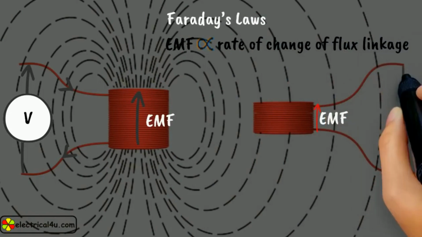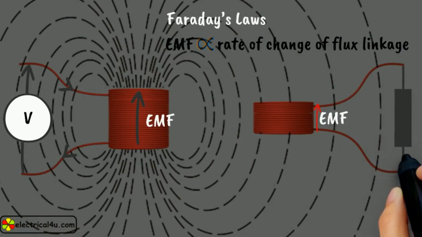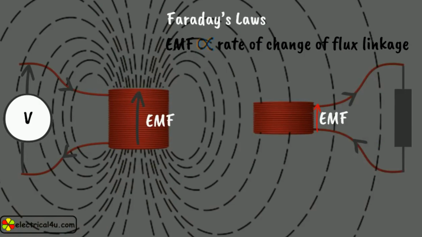If now we connect a closed circuit across the second winding, we will get a very tiny current through the circuit, provided the second winding is placed much nearer to the first. So we have seen that some portion of the input power is transformed to output through the second winding.